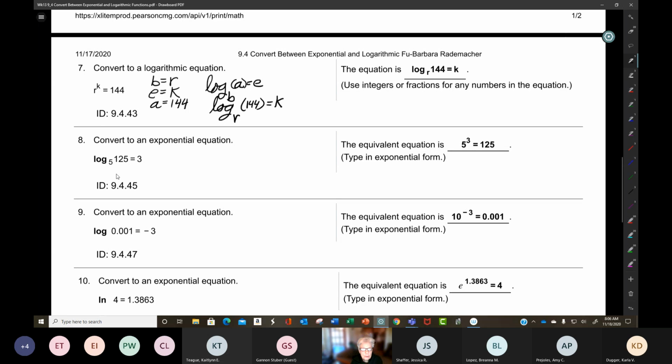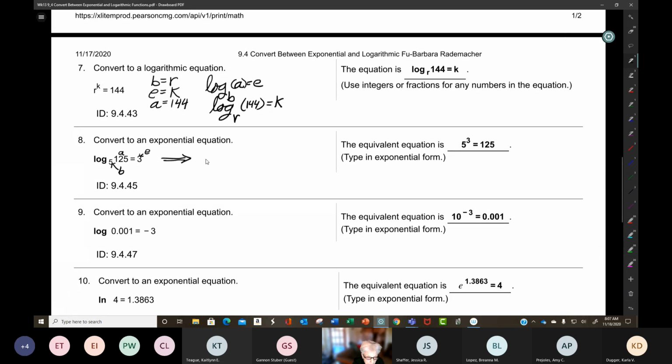Now we're going to change from a logarithmic function to an exponential function or equation. I guess it is an equation. All right, so that's our base. This is our argument. And this is our exponent.